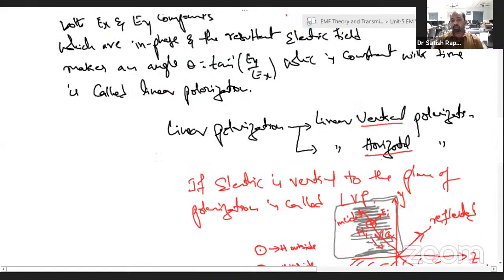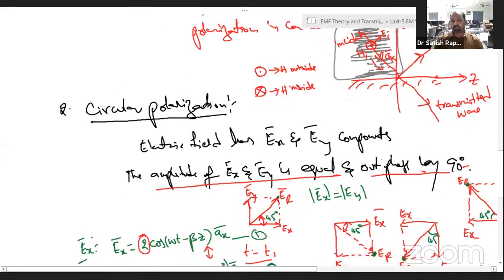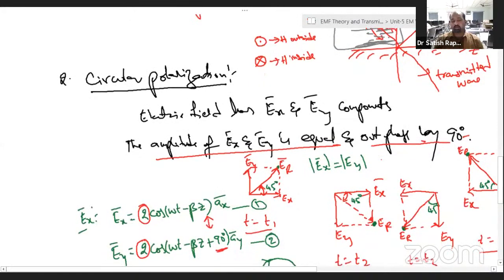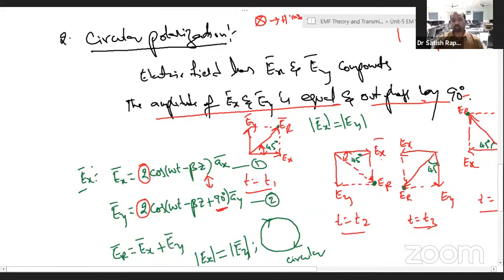Coming to circular polarization, the electric field components are equal in amplitude. That means Ex is equal to Ey. The magnitudes of the electric field in the x direction and in the y direction are equal, and they are out of phase by 90 degrees.